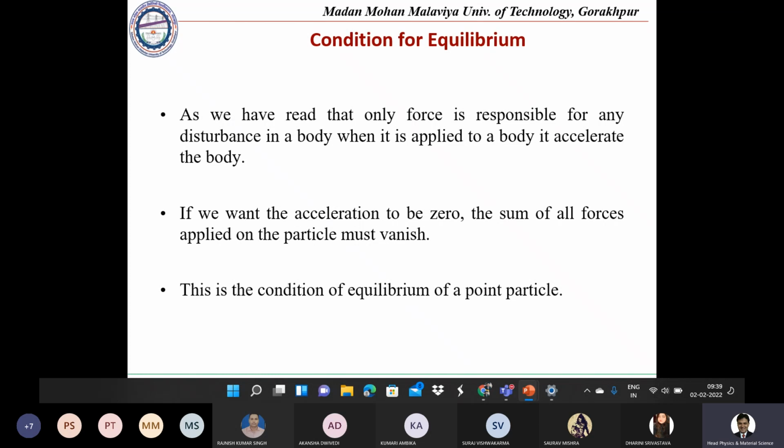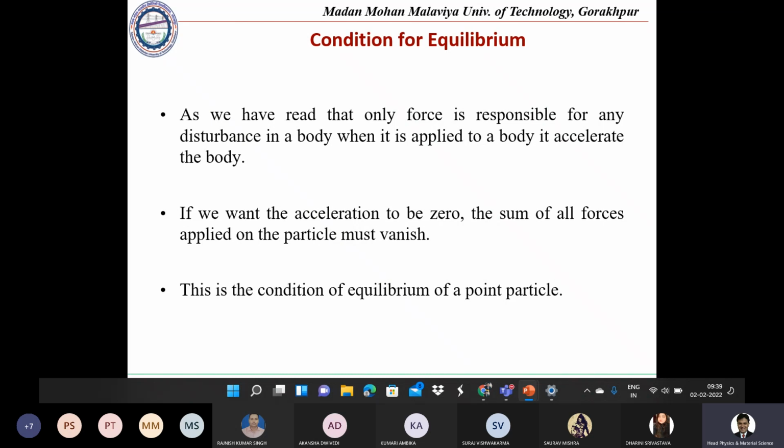So this is the condition of equilibrium of a point particle. A point particle means the body has been concentrated at a particular point. If we are taking a particular body and that body is concentrated at a point, then that is known as a point particle.